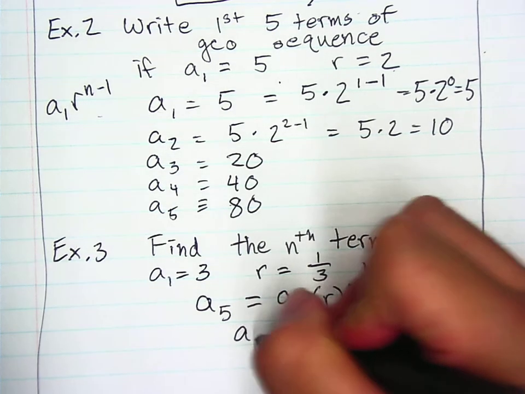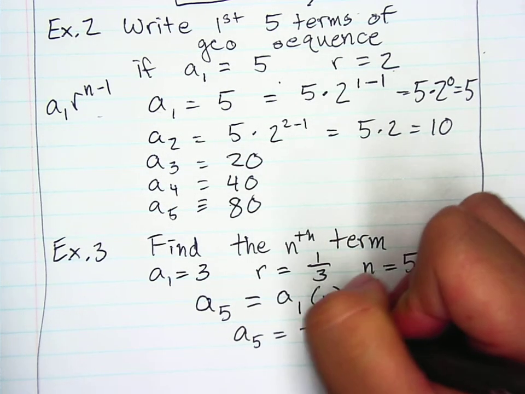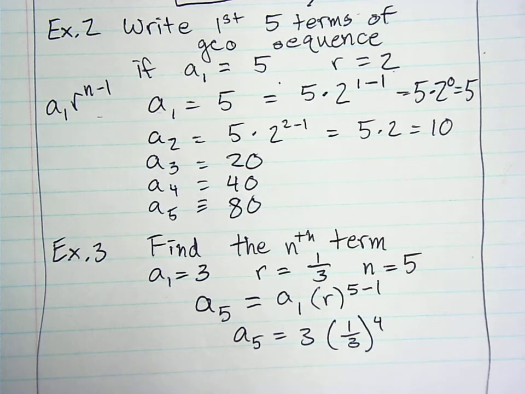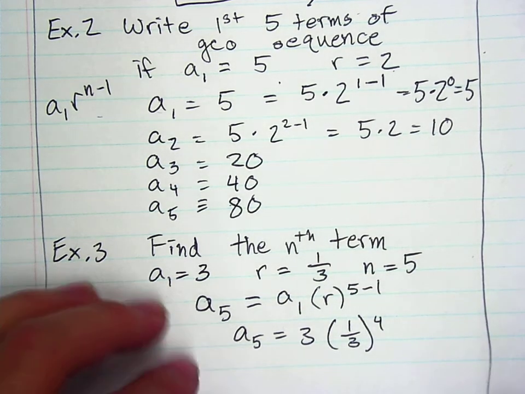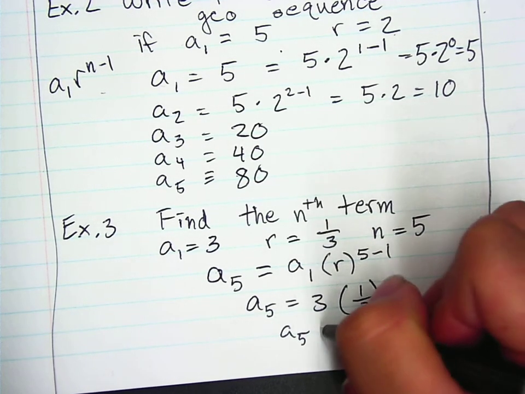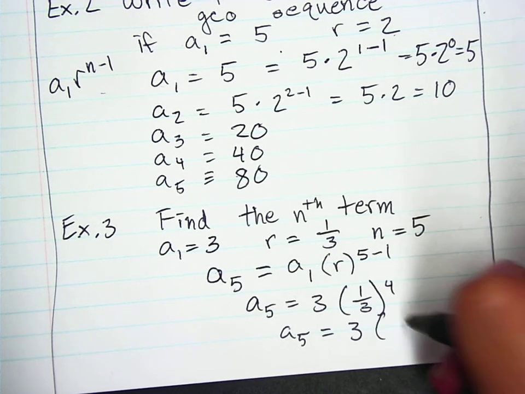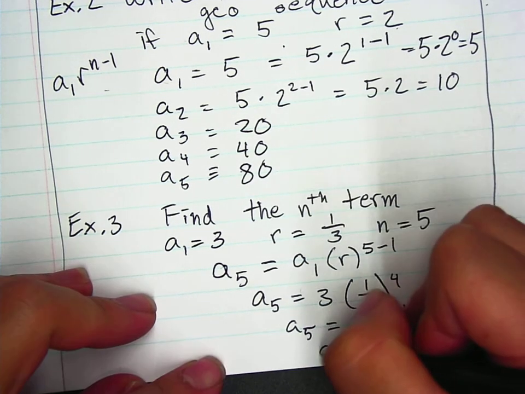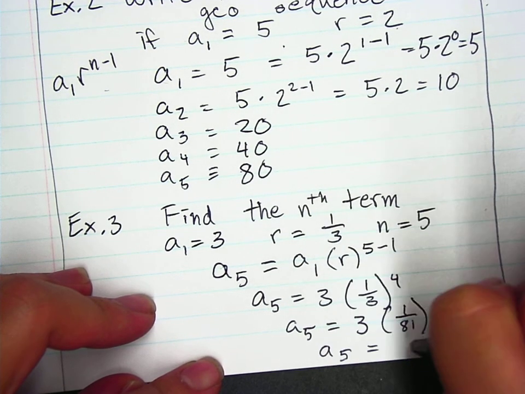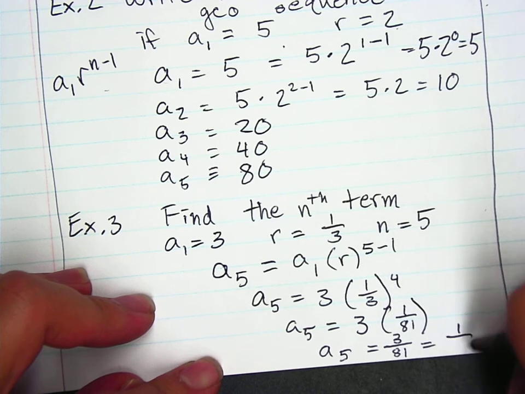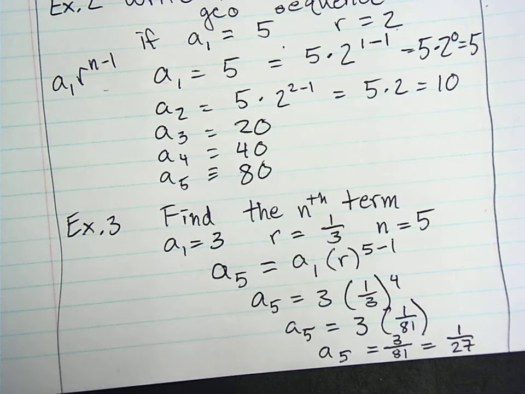So a5 is equal to 3 times 1/3 to the 4th power. 1/3 to the 4th power, once you distribute that exponent in, you're going to have a5 is equal to 3 times 1/81. We're going to leave that as a fraction to make it easier on us. So a5 is equal to 3/81, or simplified as 1/27. Okay, so that's going to be the 5th term in this geometric sequence.